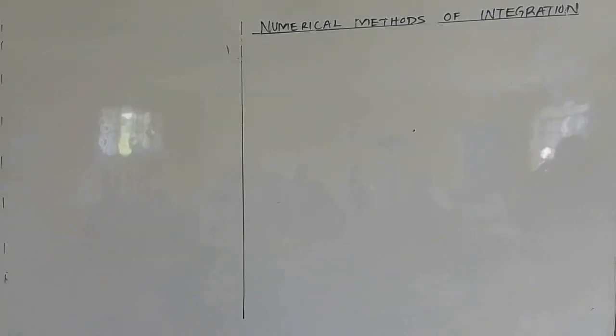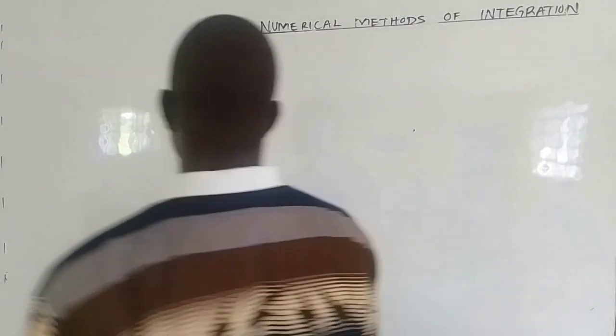So start. Number 9. Use Simpson's rule with 4 strips to evaluate the integral.